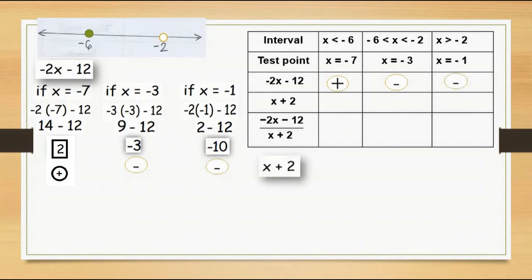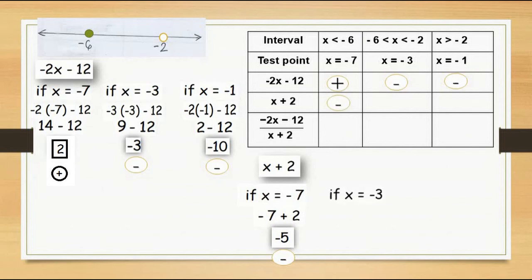Then for x plus 2, if x is equal to negative 7, negative 7 plus 2 is negative 5. So negative 5 is a negative number, so you put a negative sign there.